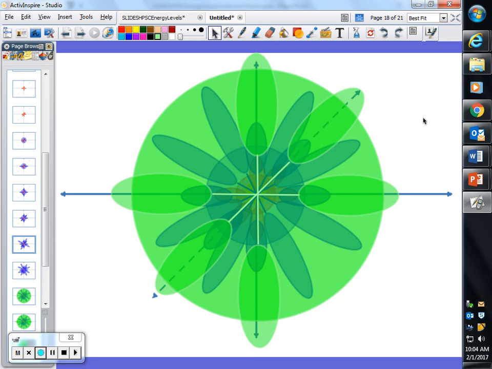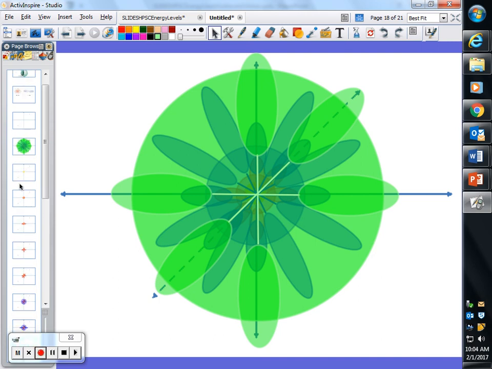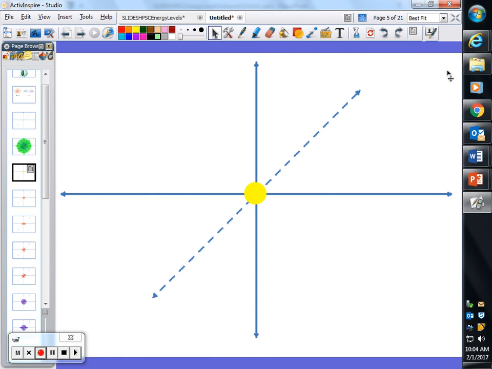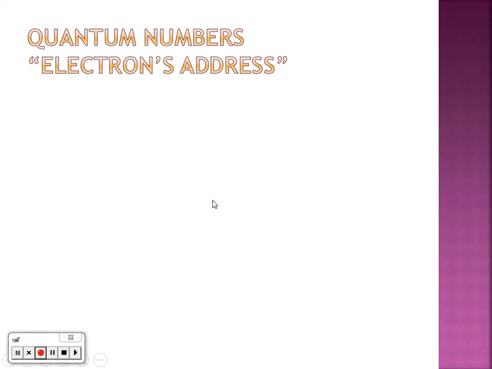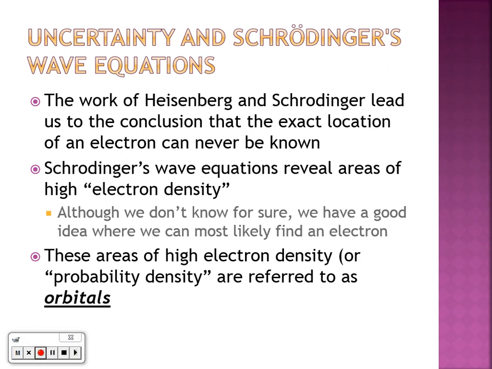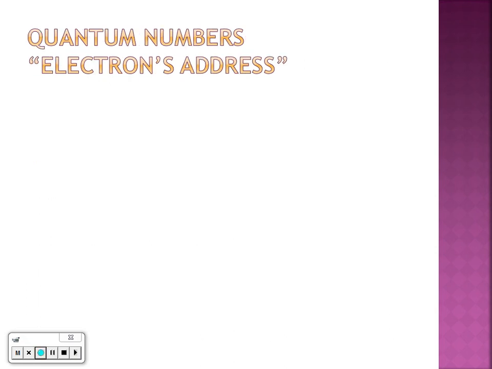Okay? All right. So let's start talking about this picture and let's start hopefully making some sense of it. Each one of these spaces that I just put up there is an orbital. Every single one of those things I put up there is an orbital. Okay? They have different shapes, they have different colors, they have different locations, but they're all orbitals. So what we try to do is tell one orbital from another orbital.